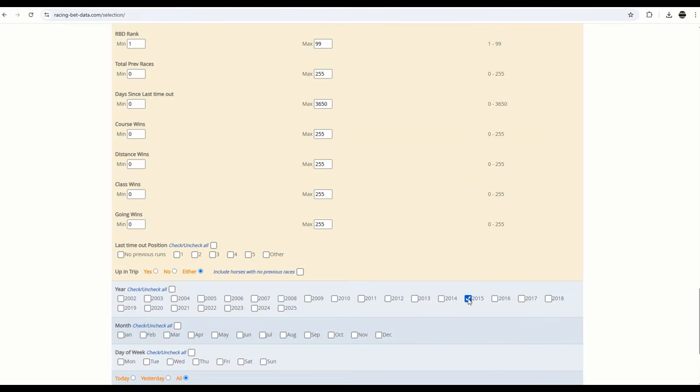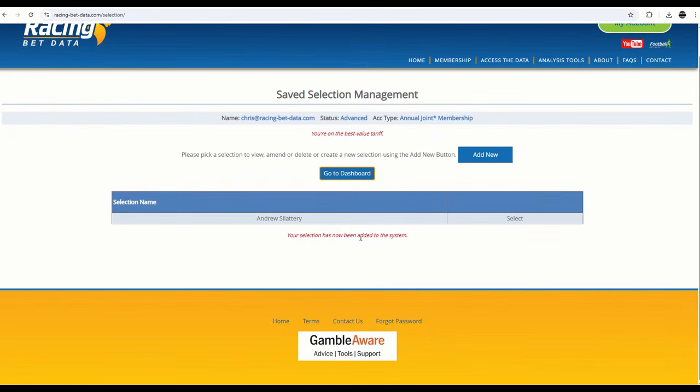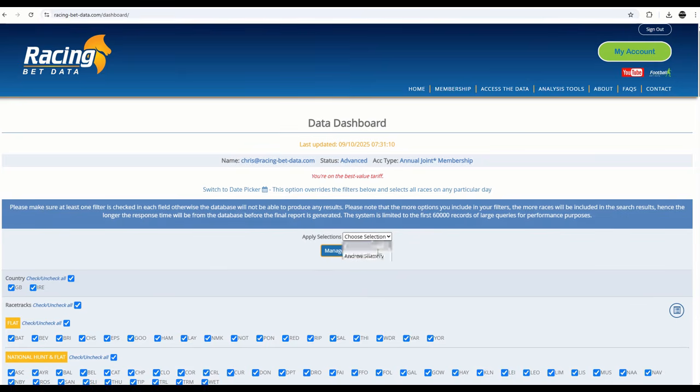We selected the last 10 years, 11 actually, including this part year that we're in, all months, all days of the week. And what we can do is select today, add this selection, and if we go to the dashboard, we will see the selection here.